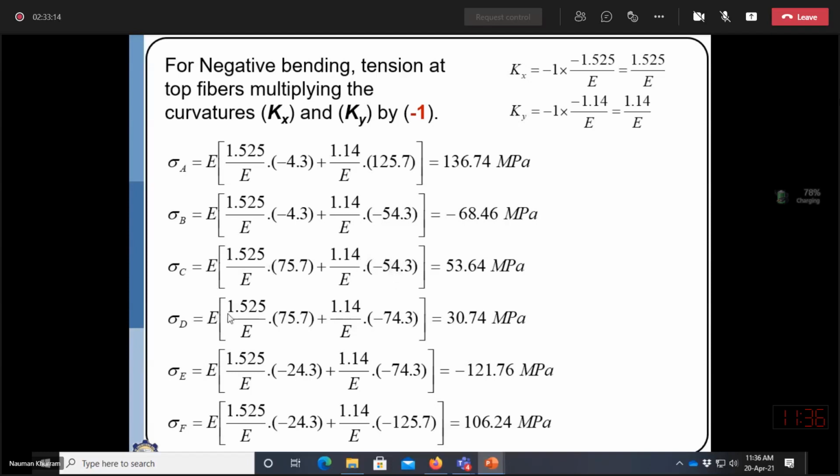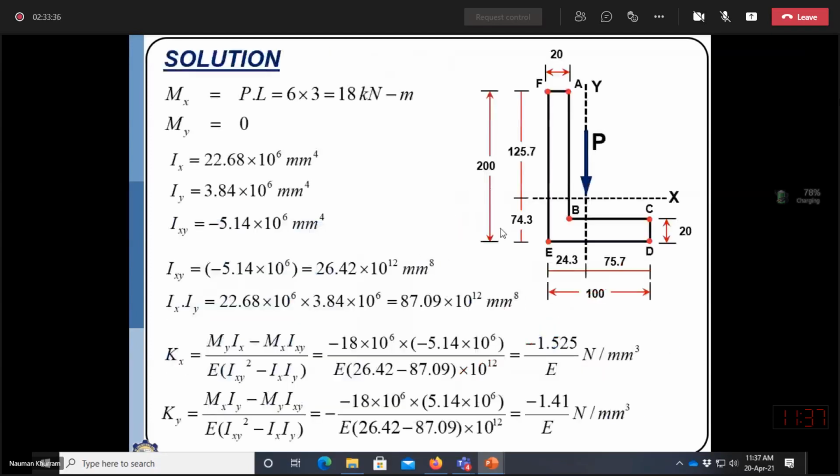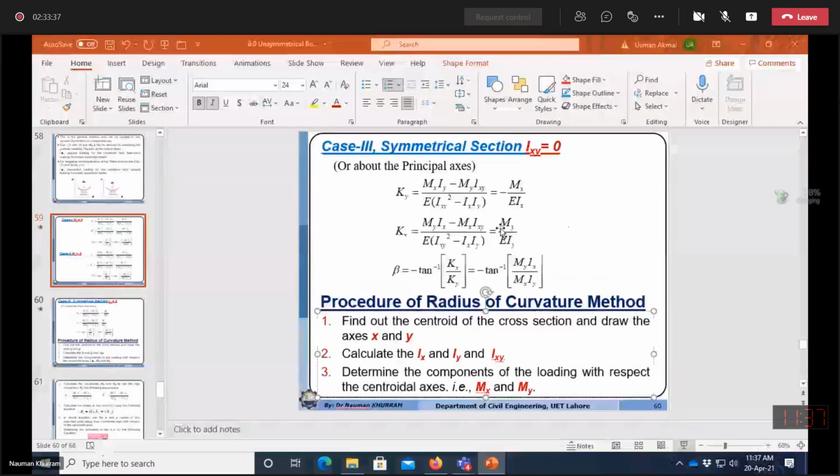Similarly, if you substitute the X and Y values of all points which are under consideration, or where we want to determine resultant stress, you can determine this factor. If you compare, these values are approximately or exactly the same as you have already determined by the principle of superposition method.